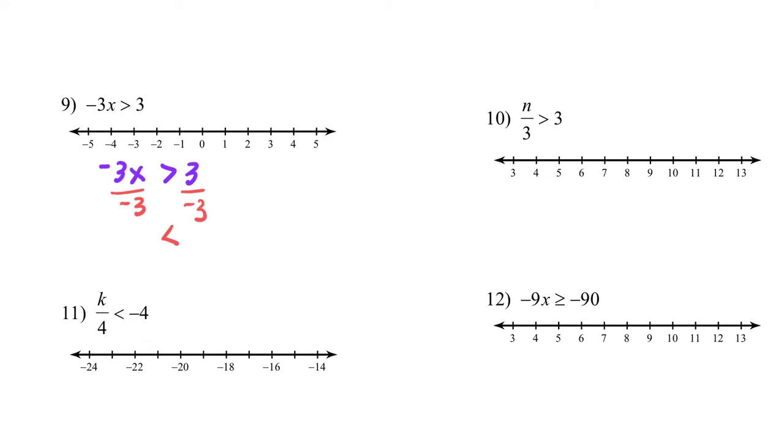That's what's happening right here. Put a big arrow there. Because I divided by the negative, I have to switch the sign. So you might want to write a note to yourself on there, switch your inequality sign, so you remember to do that.